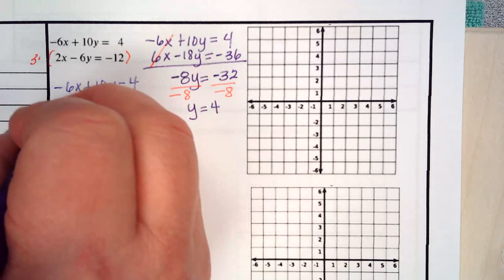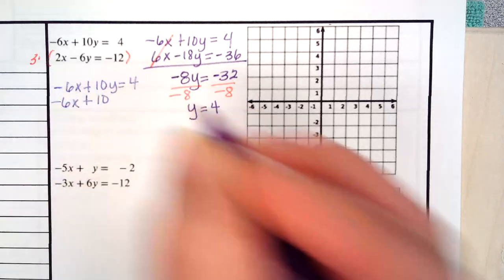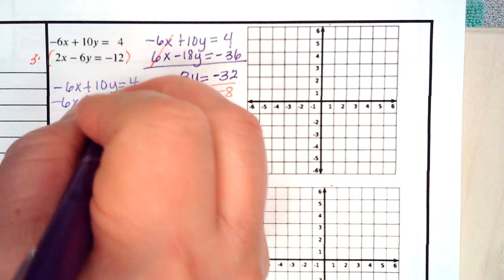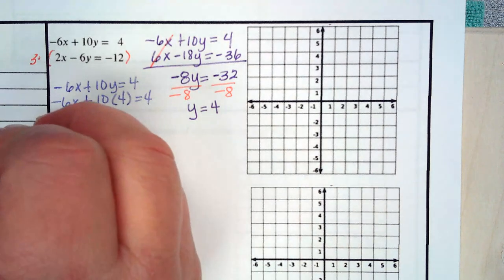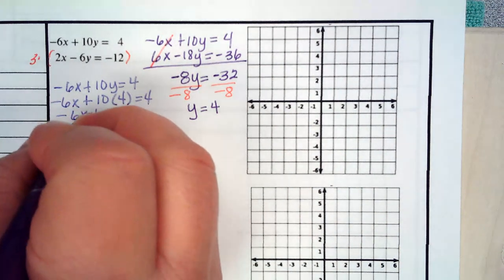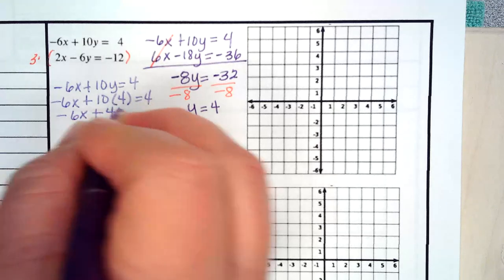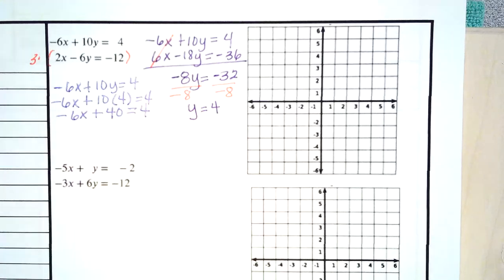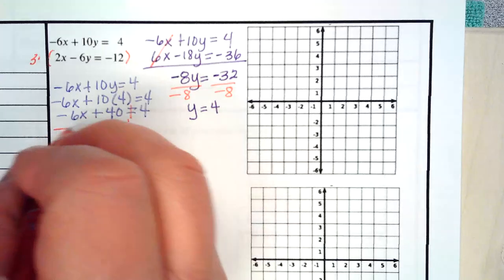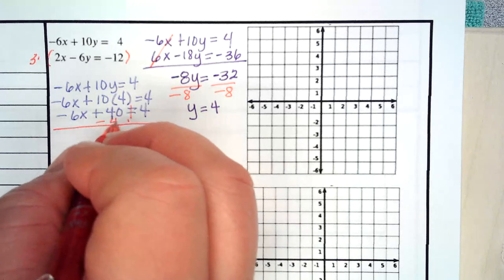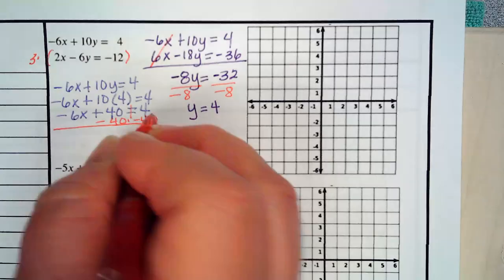Negative 6x plus 10 times 4 is equal to 4. Negative 6x plus 40 is equal to 4. I can now solve. Subtract 40 from both sides.